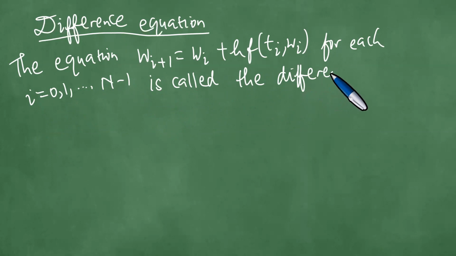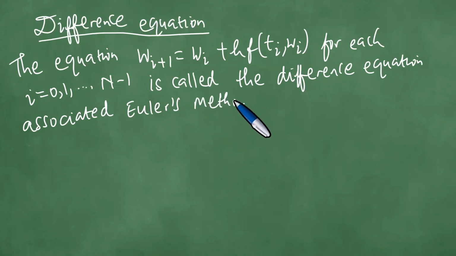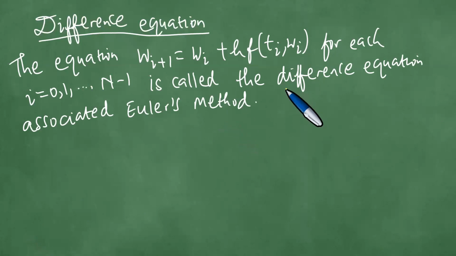So this is called the difference equation associated, most certainly, with Euler's method. So if we remember Euler's method, then we just need to remember the difference equation and take into account the initial value, obviously. So that is the difference equation there.